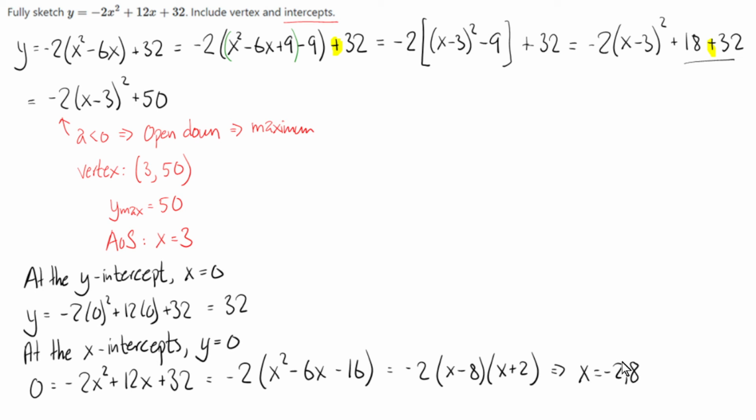So now we have all of the quantities that we need in order to sketch this quadratic equation quite accurately. We have the x-intercepts, negative 2 and 8. The y-intercept is 32. The axis of symmetry is 3. Y max is 50. We have the coordinates of the vertex. And yep, that's it. So at this point, we need a coordinate system.